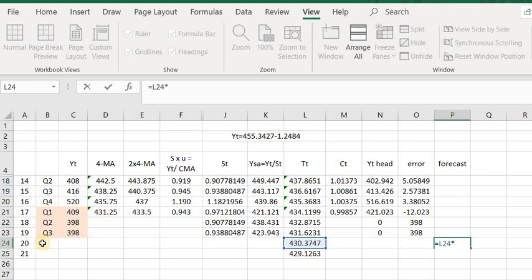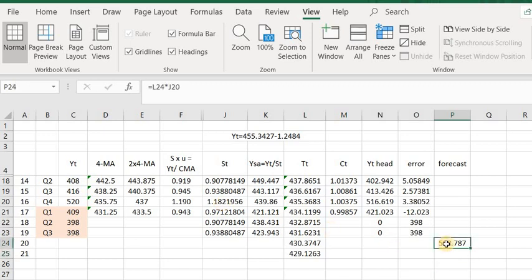We have to be careful here. It is in quarter 4, so we have to choose the 4th quarter of the seasonality. This is the value of the seasonality of the 4th quarter. And then we multiply with the cyclical component. In this case, we don't have the cyclical component, so only trend and seasonality are left.